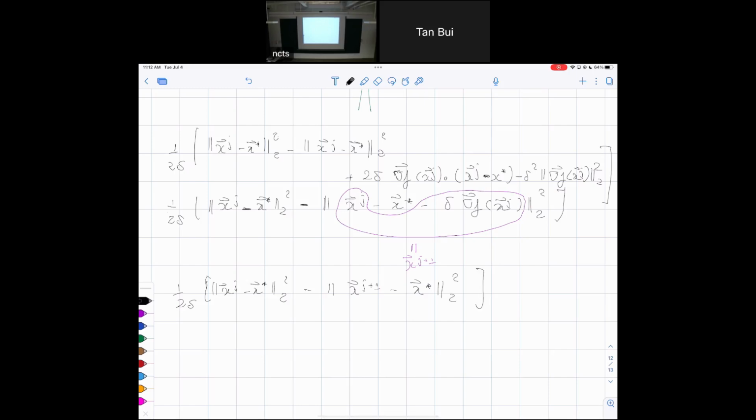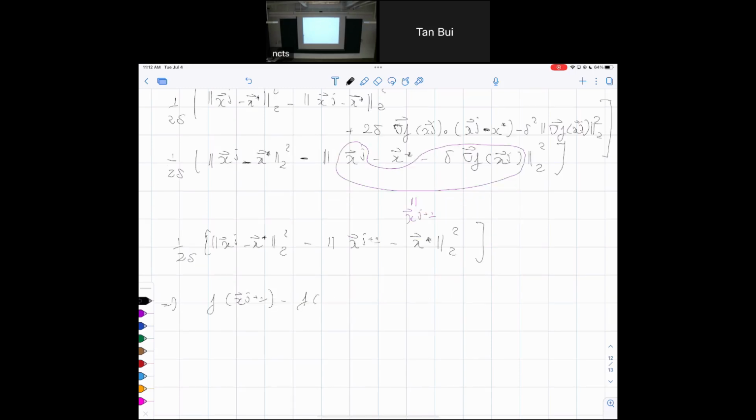Okay. So in conclusion, we have shown that f of xj plus 1 minus f of x star is less than or equal to 1 over 2 delta of xj minus x star squared minus xj plus 1 minus x star squared.